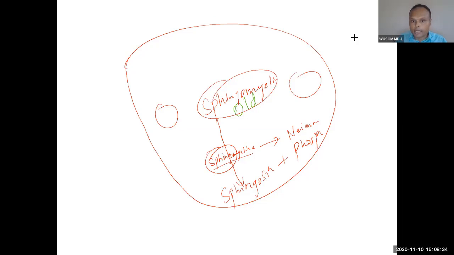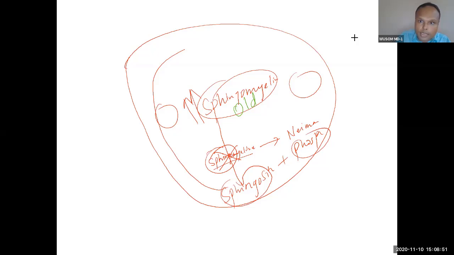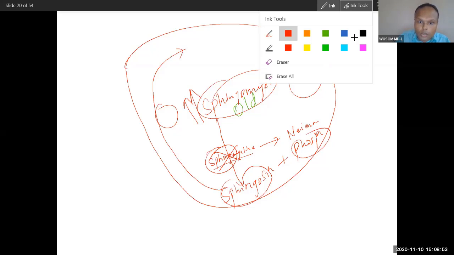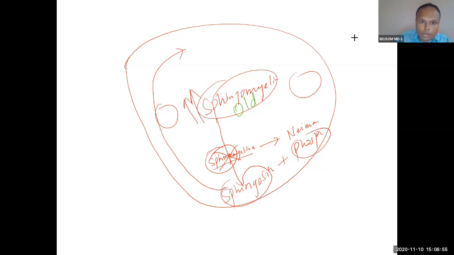But because the enzyme is absent, this is not degraded. It will build up. If it is not degraded, the cell has to synthesize new sphingolipid from this component.